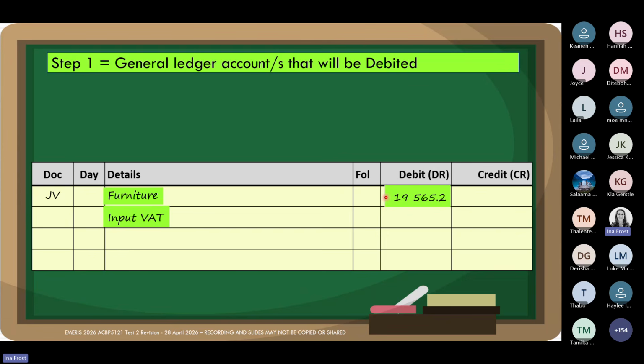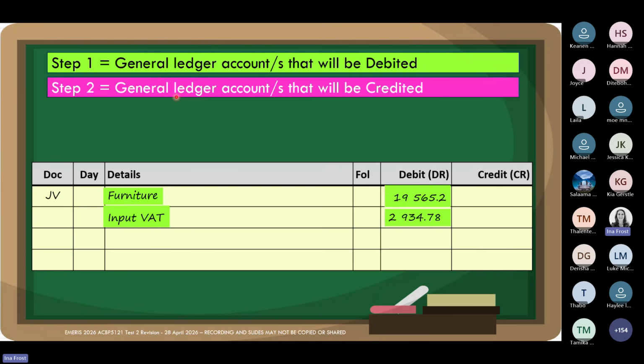And remember, in this example, we were debiting 2 general ledger accounts. Step number 2, which general ledger account or accounts am I going to credit? In this example, we were crediting the capital account, and therefore we put the amount in the credit column.